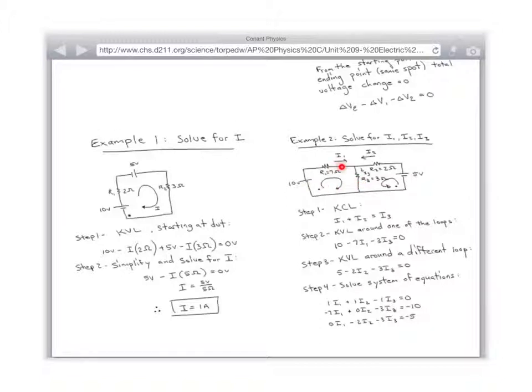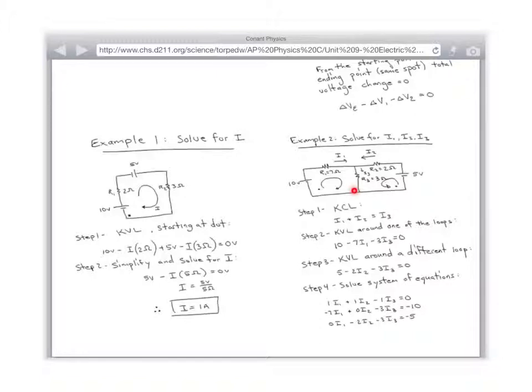This one is one current, this one is one current, and the current coming through here is a third current. So how many unknowns do you have? 3. If you have 3 unknowns, how many equations do you need? 3. 3 unknowns means 3 equations. What 3 equations are you going to draw?